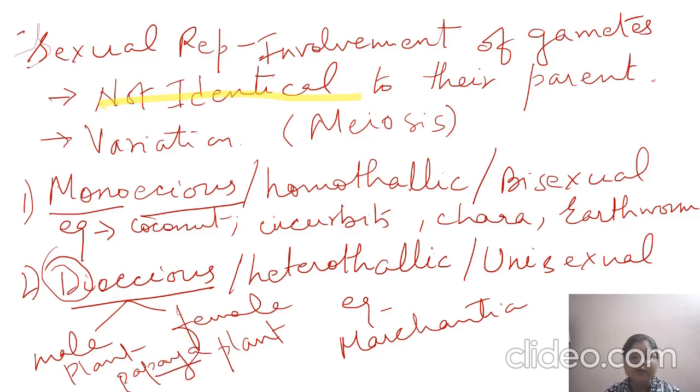You must have seen certain papaya plants that don't give rise to papaya at all. Why are they not giving rise to papaya? Because they are male plants. When it is a male plant, it is having only male flowers. They are staminate, they have only stamens in them.